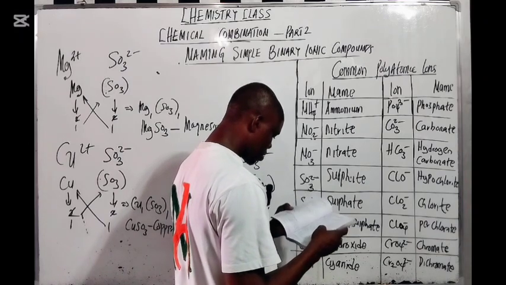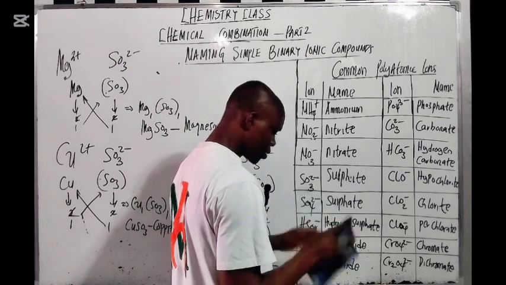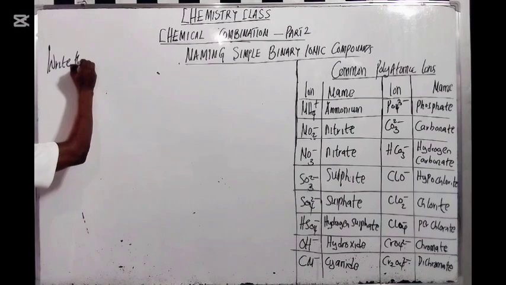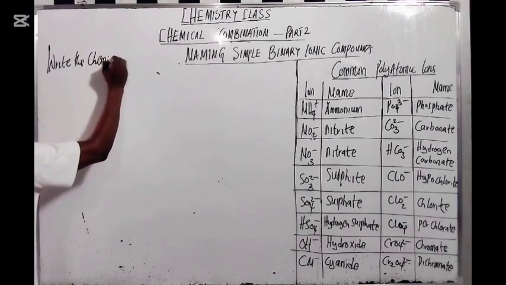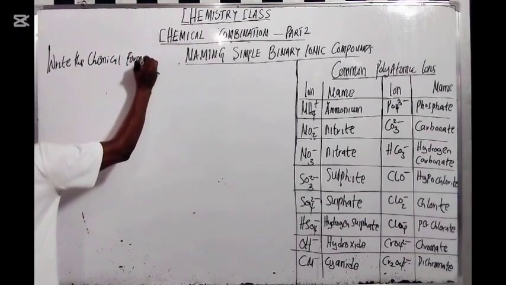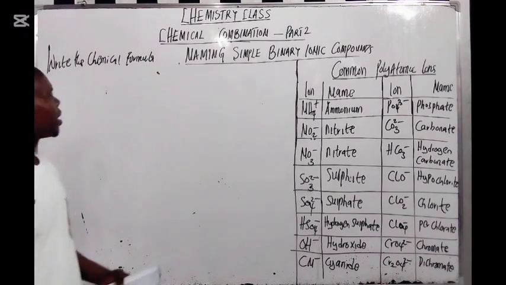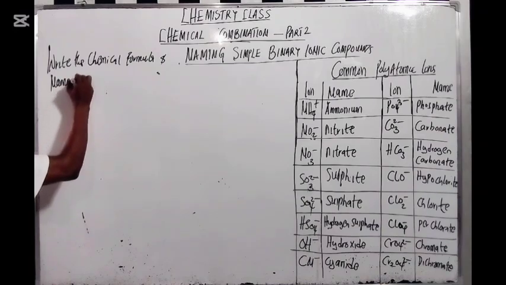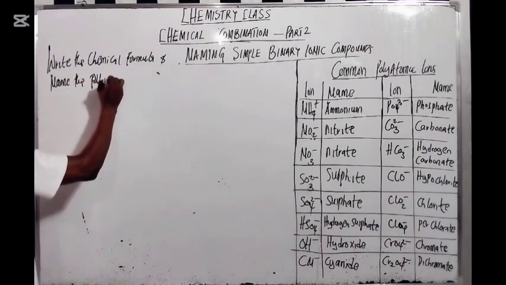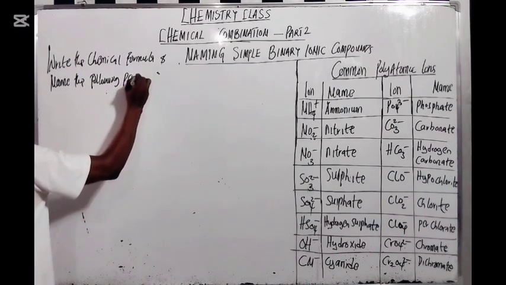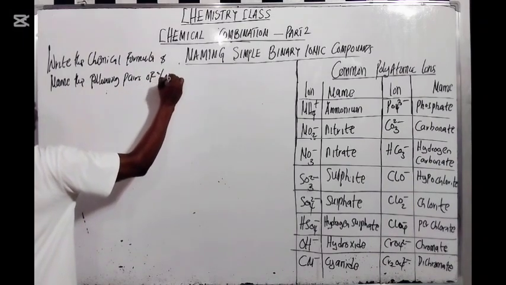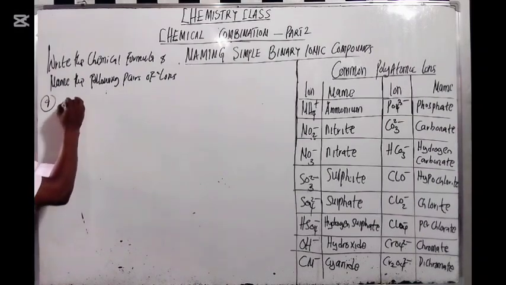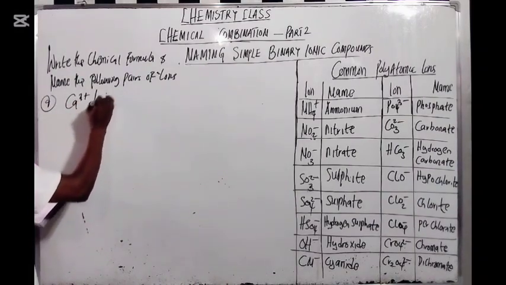What I want you to do is write the chemical formula and name the following pairs of ions. A, Ca2+ slash OH−.